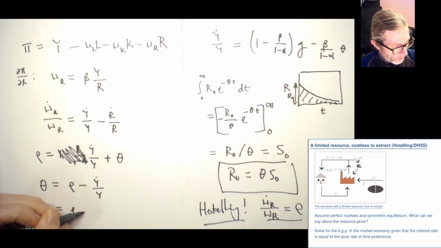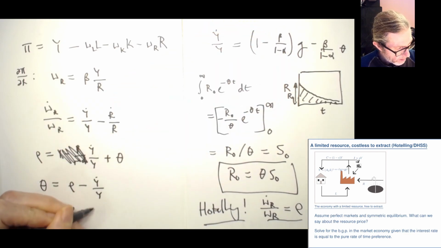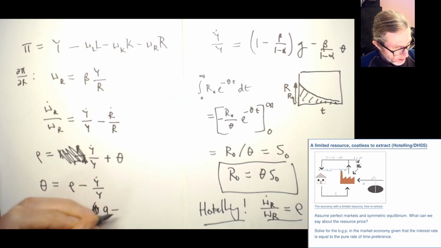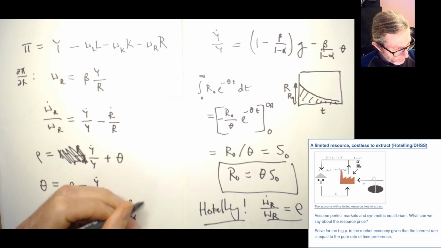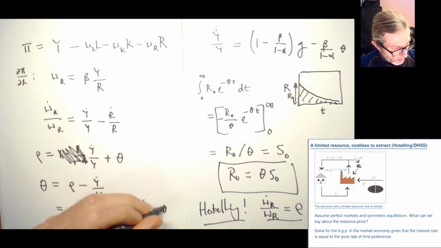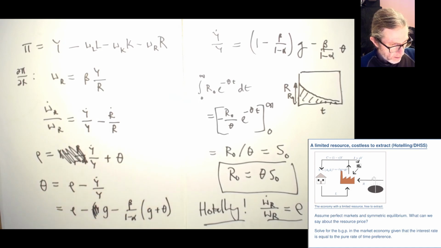It's rho minus g minus beta over 1 minus alpha times g plus theta. I think that's right.